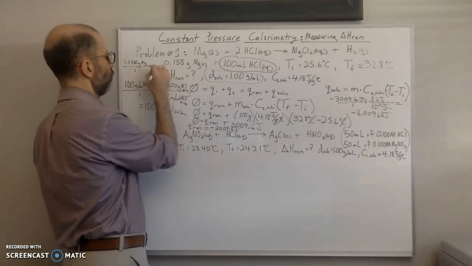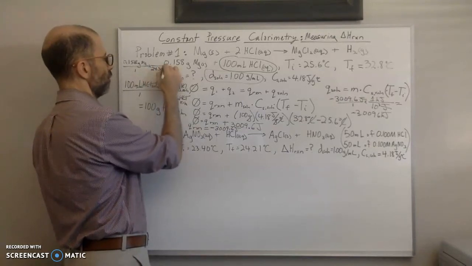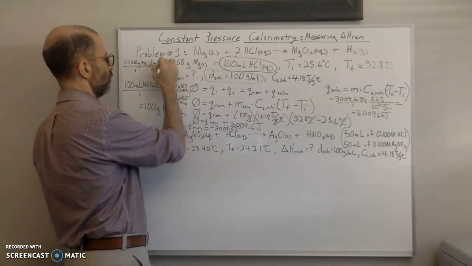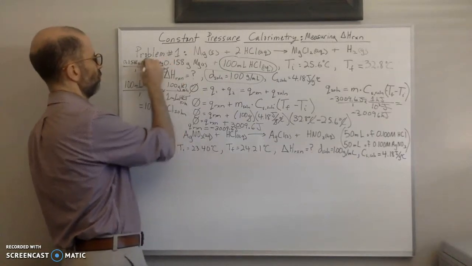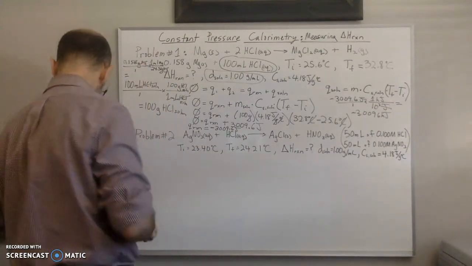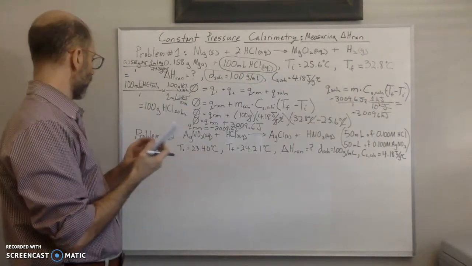So 24.31 grams of magnesium for every 1 mole of magnesium. So the grams of magnesium cancel out. I'm left with moles.